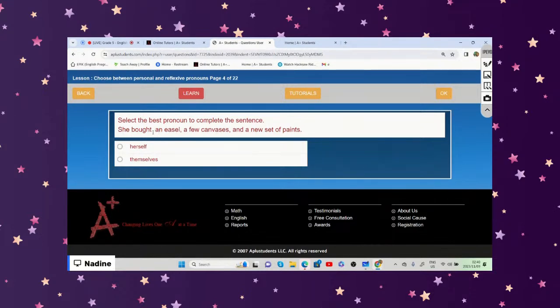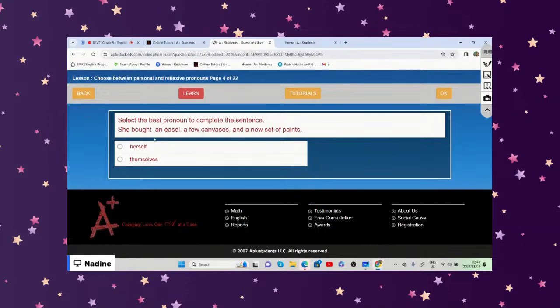She bought herself or she bought themselves an easel, a few canvases, and a new set of paints.